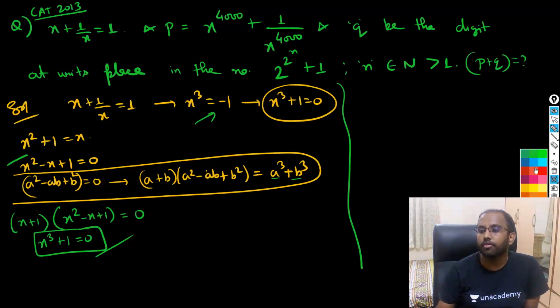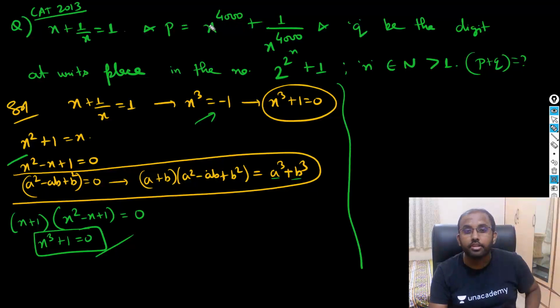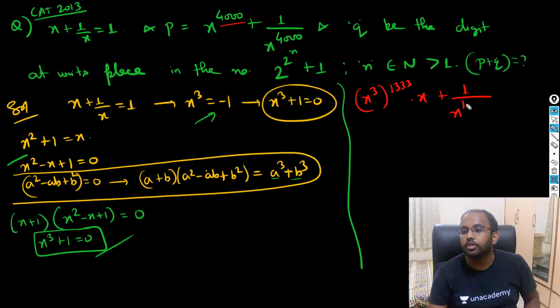After you write this x cube as minus 1, then we can write this as x raised to 4000. Okay, try to get it in the form of x cube. So x raised to 3 into 1333, and x will come out, plus 1 by again x raised to 3 into 1333 into x.